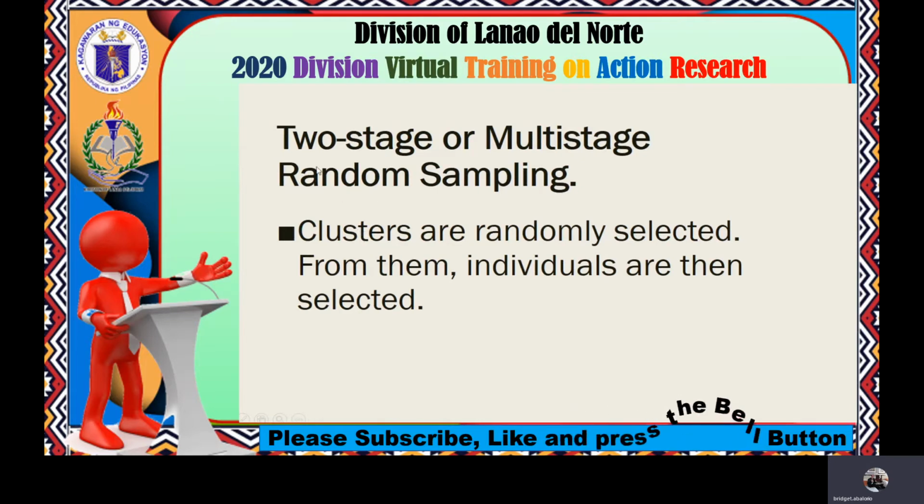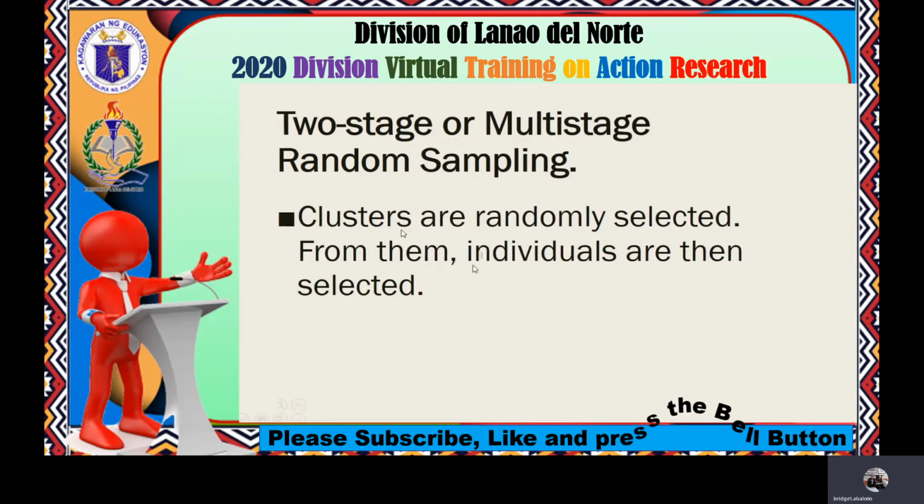In that sense, you are doing two-stage random sampling. First, you select the cluster, and from that cluster, select the individual. That's the two-stage or multi-stage random sampling.